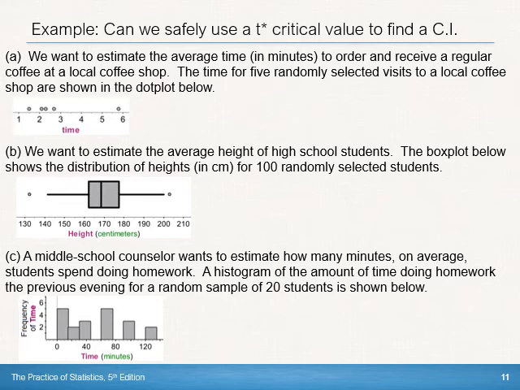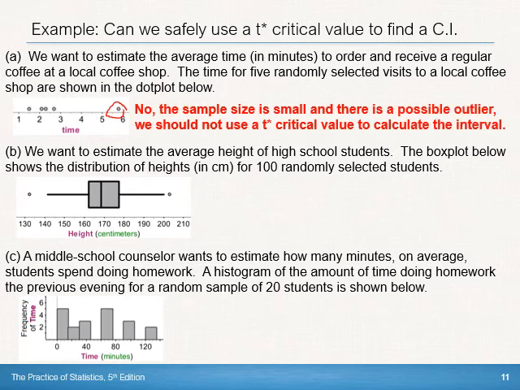The first one wants to estimate the time in a coffee shop. We have 5 pieces of data, too few to be able to say for sure that our sampling distribution is normal. We have an outlier, so in that case, we're going to say no, the sample's too small, there's an obvious outlier. We will not be able to calculate our confidence interval.